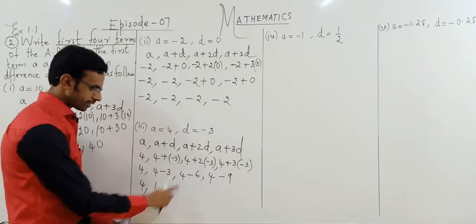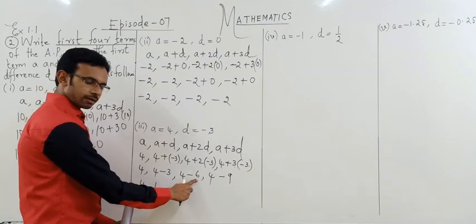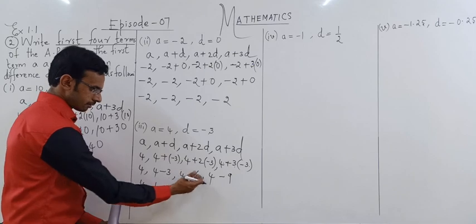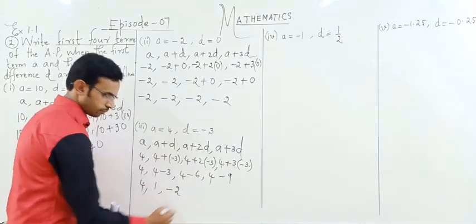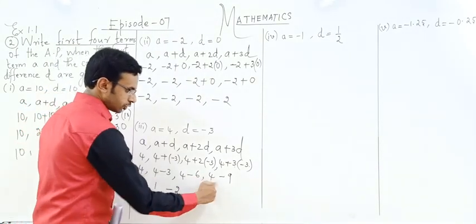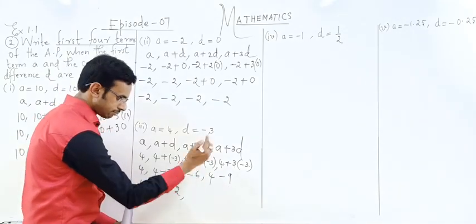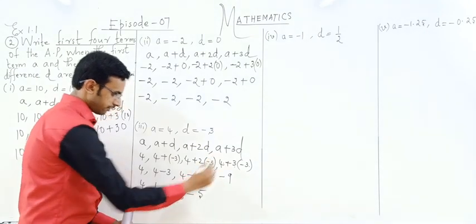But the rule says when you want to subtract two numbers, you have to look out for the greater number and take its sign. Here the greater number's sign is minus, but the subtraction process is 6 minus 4. 6 minus 4 is 2, but the sign is of the greater number. In these two, plus 4 and minus 9, 9 is again the greater number, so the sign is minus. Take the sign. 9 minus 4 is 5.